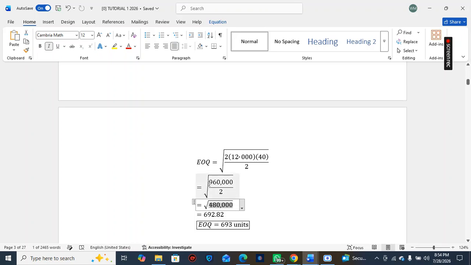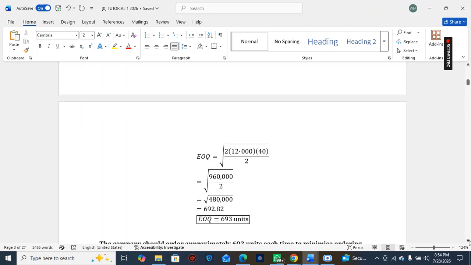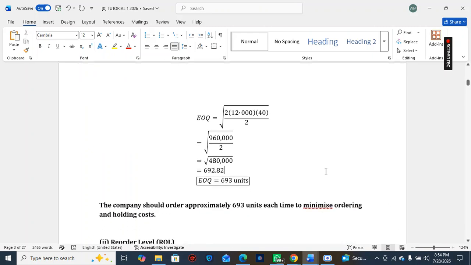The square root of 480,000 is 692.82. We round off this figure. Our economic order quantity is 693 units. This is how much we must order in order to minimize our holding and ordering costs. Are we okay with this, colleagues? Any question?